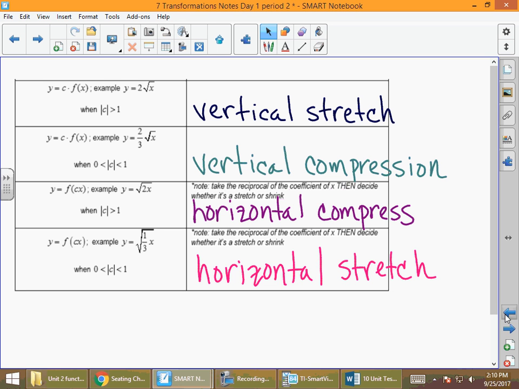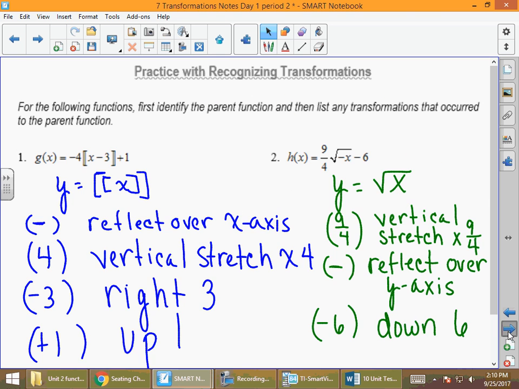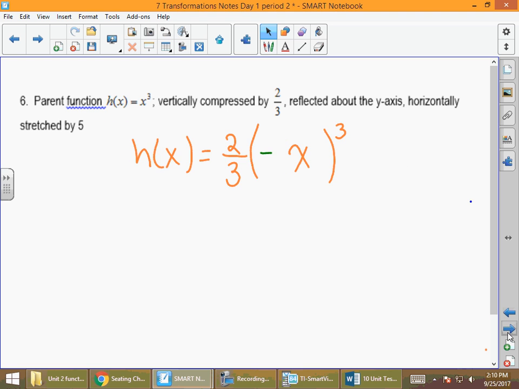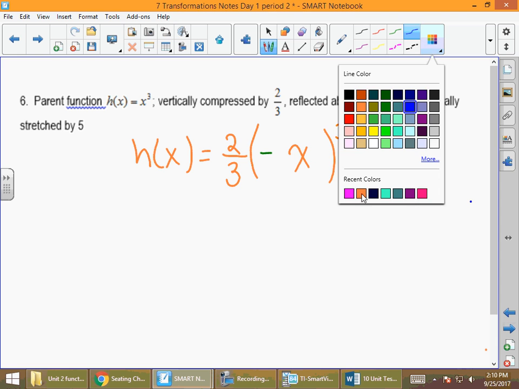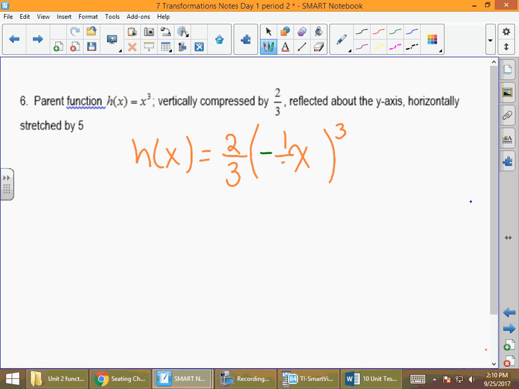So in order for us to have a stretch, the value that we have inside our function is going to be a fraction. So we're going to have to take the reciprocal. And when we take the reciprocal of 5, we get 1/5. And then it's x cubed.